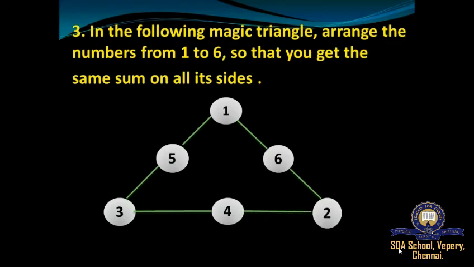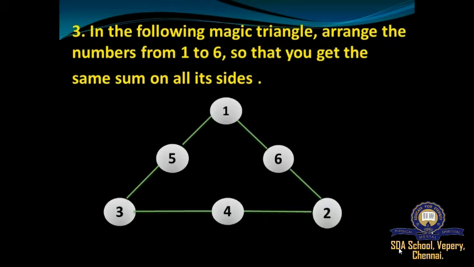So when I find the sum of this triangle, the sum of side 1 is 1, 5, 3, that is 9. Similarly the sum of side 2 is 9, and similarly the sum of side 3 is also 9. So this forms a magic triangle with sum 9.